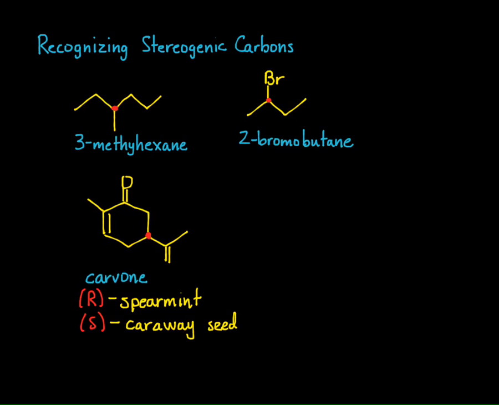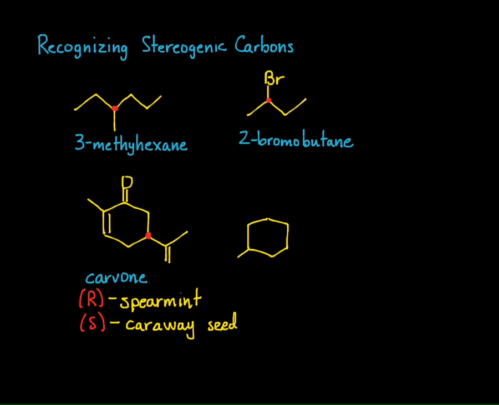Caraway seeds are often used in breads, and so it has that kind of bready, yeasty taste to it. Notice the same structure, right? The same connection, just a different rearrangement in space gives you spearmint versus caraway seed.